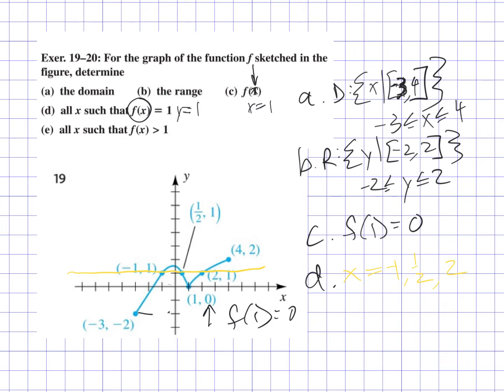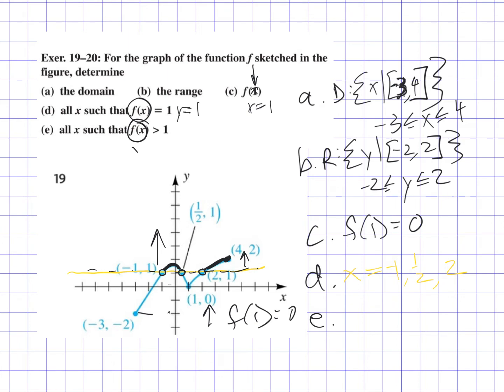Okay, now let's go to E, where y is greater than 1. There's no equal sign there, so this would technically be a dotted line here. What do we have for everything above that yellow line? It wants to know the x values where it falls above it. Since it's not equal, this is going to be an open dot, an open dot, and an open dot. This is really the part that it's asking about. So what are the x values?